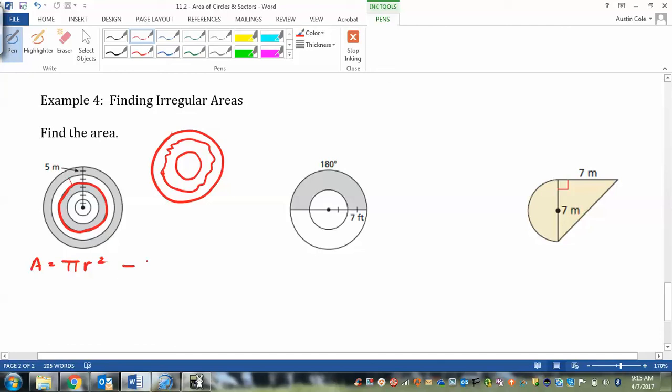So minus pi r squared. So to find the area of, essentially, this is what we call a ring. To find the area of a ring, you take pi r squared minus pi r squared. Now to differentiate, I'm going to call this capital R to let us know that that's going to be our bigger radius. We want to take the area of the big circle minus the area of the little circle.